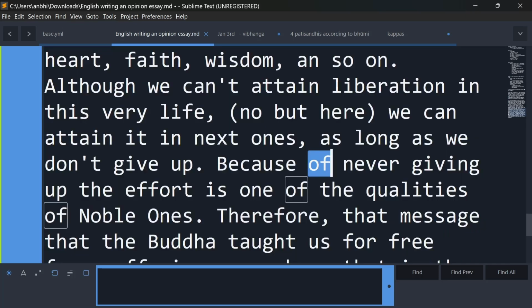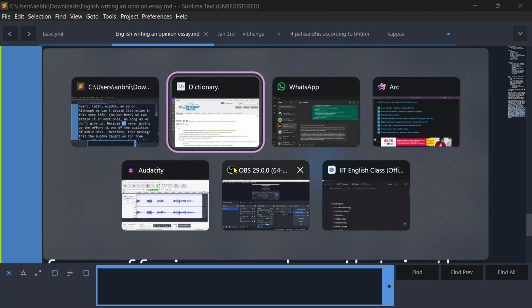But here, this "of" is a preposition, right? Yeah. Prepositions govern accusative case, objective case. If you listen to that Grammar Land, you will hear this. Prepositions. So there is this book.